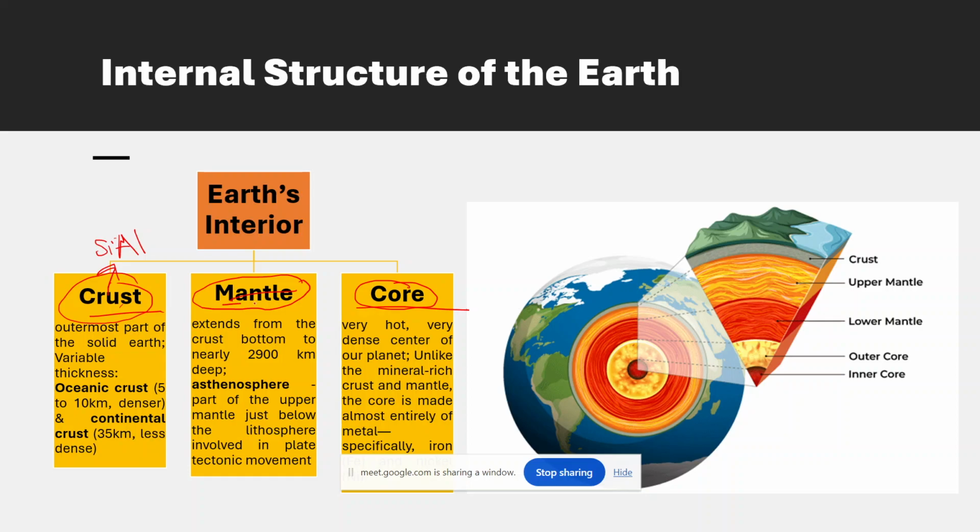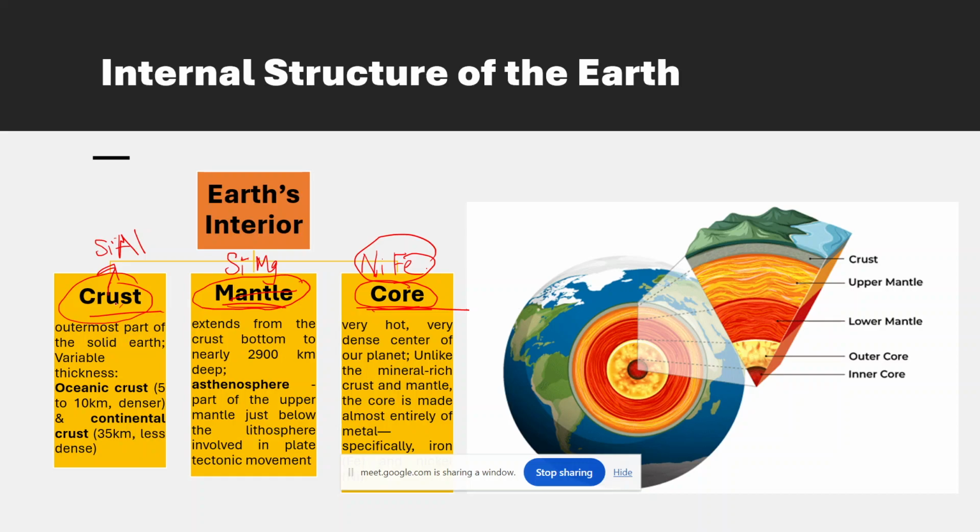When you come to the mantle, it is primarily silica and magnesium, so minerals containing these elements are more. And finally, when you come to the core, you have the NiFe composition, the nickel and iron composition. So it's predominantly metallic in nature rather than containing minerals like the crust or the mantle.